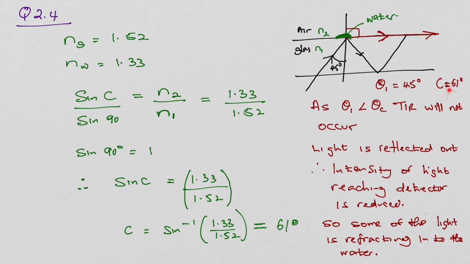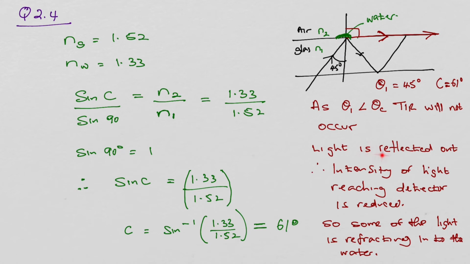Since the critical angle is now 61, but the angle we're using is 45, which is less than the critical angle, total internal reflection will not occur, because for total internal reflection to occur, the angle must be greater than 61 degrees due to the water.